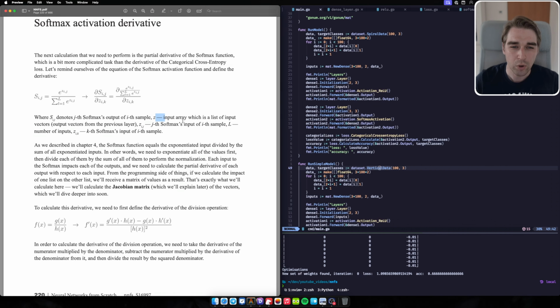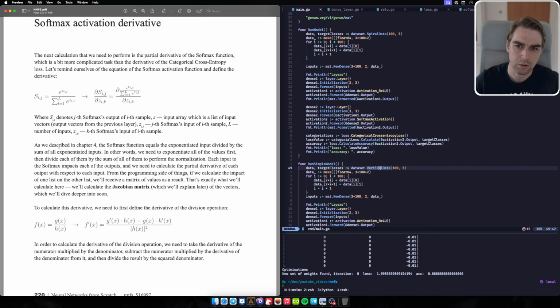The input array is a list of input vectors, output vectors from the previous layer. j's softmax input for the ith sample, big L, number of inputs.